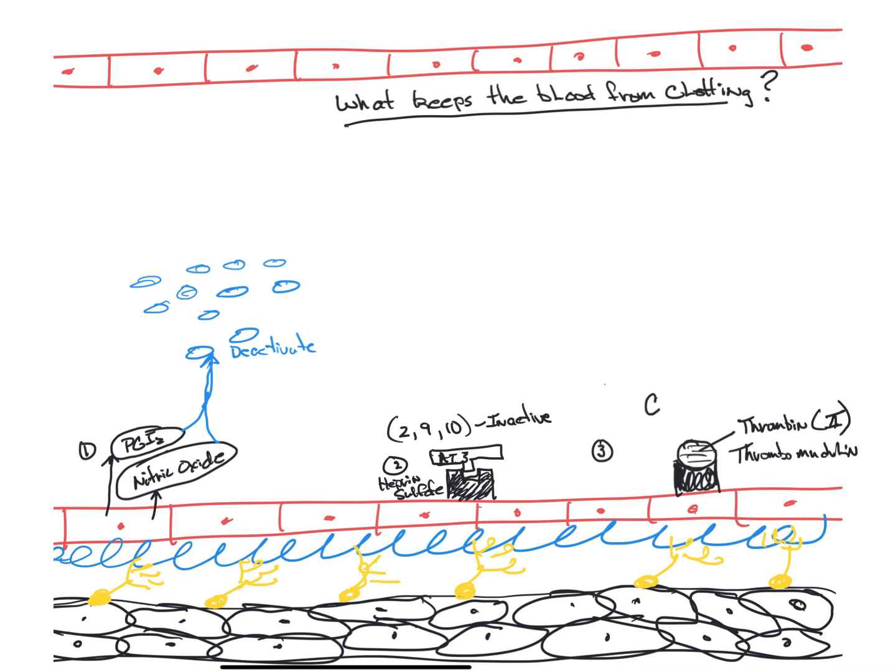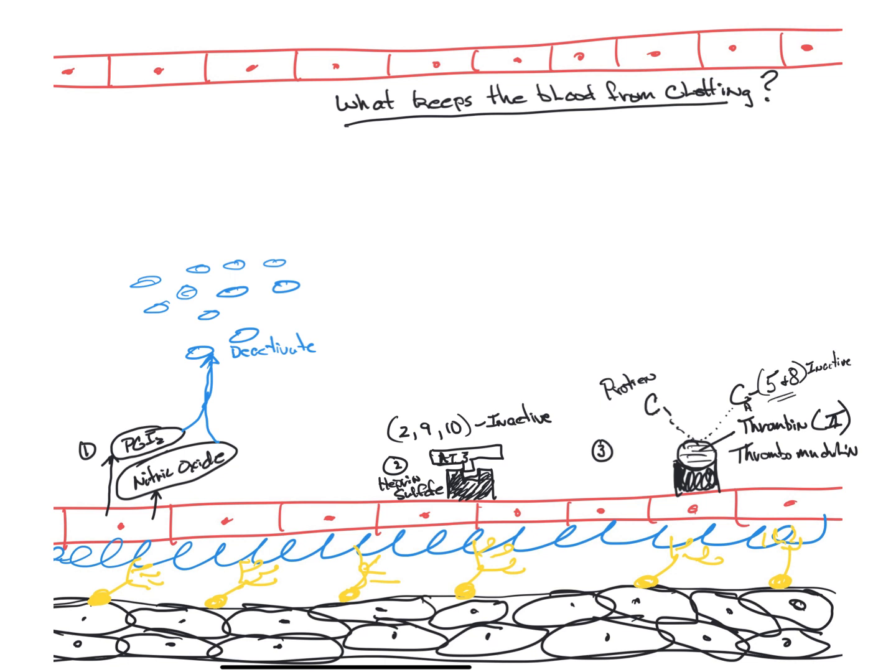Okay, there's a protein C in circulation, and when thrombomodulin comes in contact with that, it makes it an active protein C. So it will come in contact with this and make it an active C, which inactivates clotting factors 5 and 8 and inactivates those. So it makes them inactive.